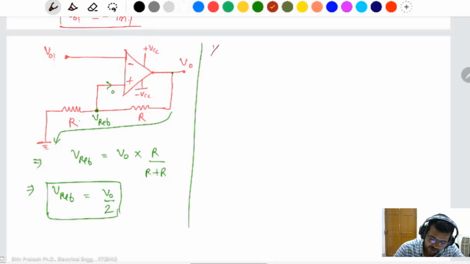Note the point: this is the input voltage. The input voltage is always connected to the negative terminal, and the reference voltage is generated at the positive terminal of the op-amp.